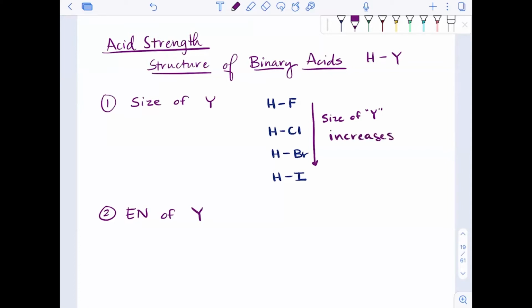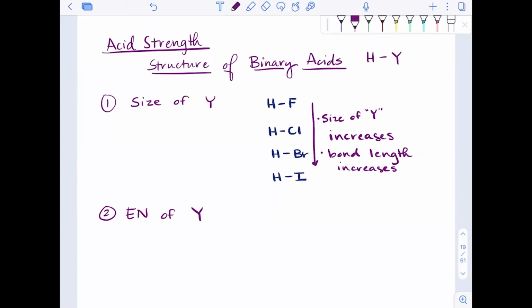It means that the actual length of the hydrogen to non-metal bond is increasing as well. And as that bond length increases, because of the size of the atom, the bond actually weakens, all right?